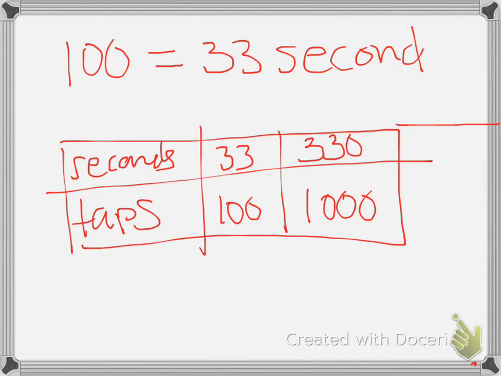I could keep going, couldn't I? So if I multiplied it by 10 again, that would give me 10,000. And then 330 times 10 will equal 3,300. And I could keep going. And that's a pretty efficient way using a table.